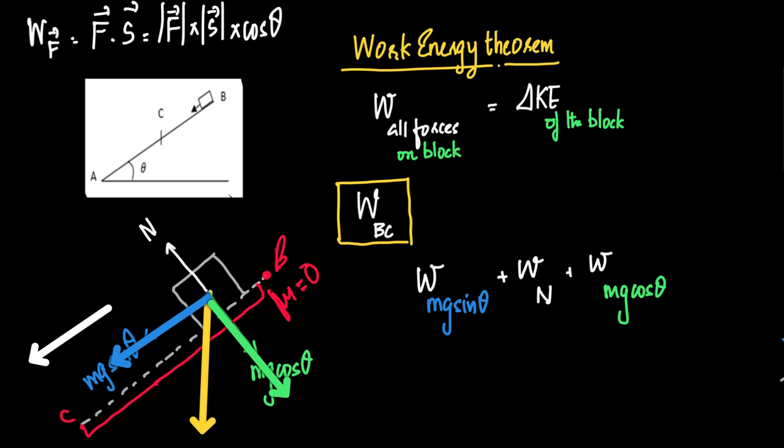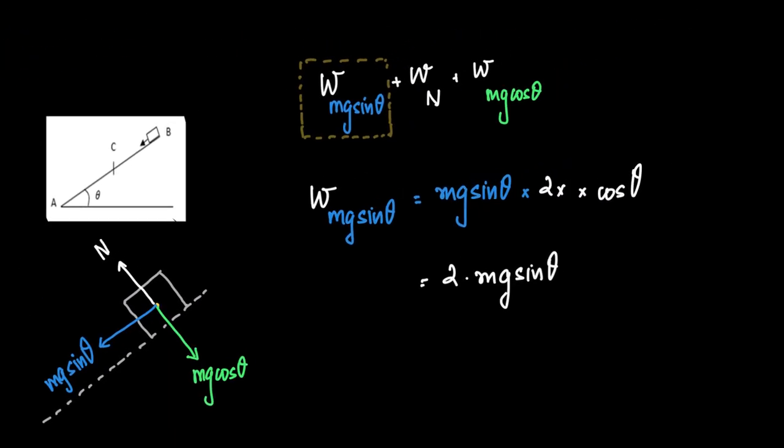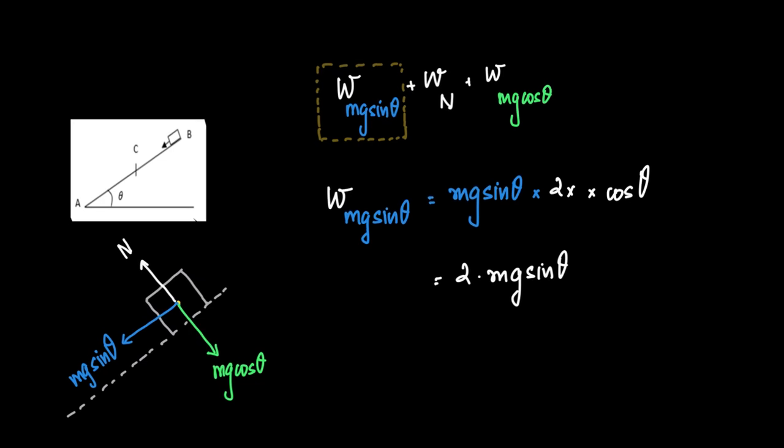So in terms of mg sine theta, while you calculate, mg sine theta is acting like this. This is the direction of mg sine theta, and the displacement is also in the same direction, which means the angle between them is 0 degrees here.